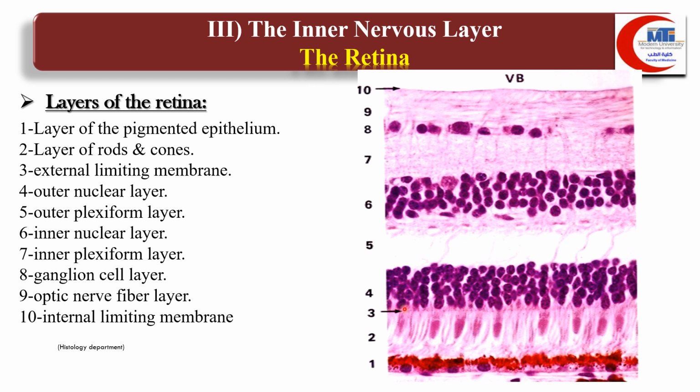The outer nuclear layer, then the outer plexiform layer, the inner nuclear layer, then the inner plexiform layer, then ganglion cell layer, optic nerve fiber layer, and finally the internal limiting membrane layer.